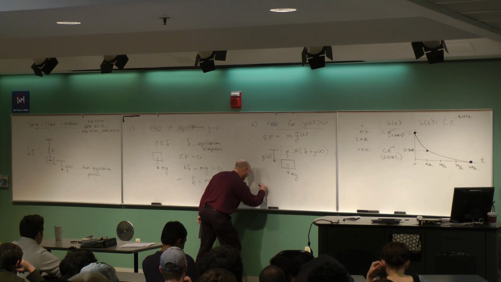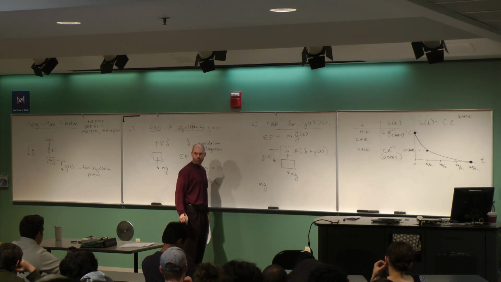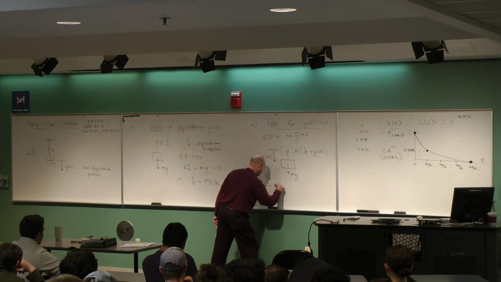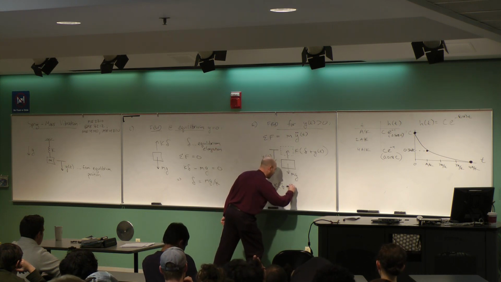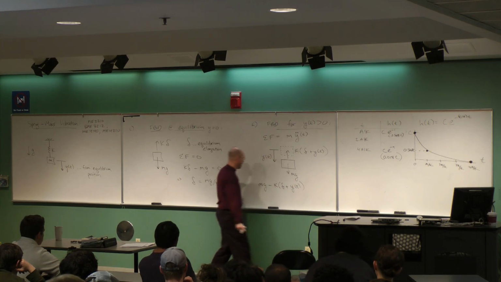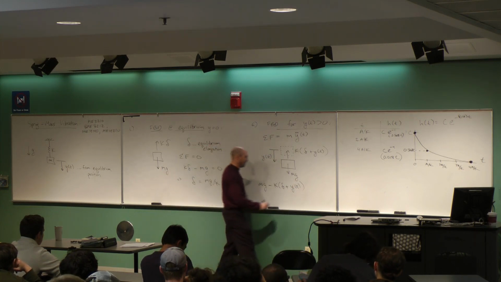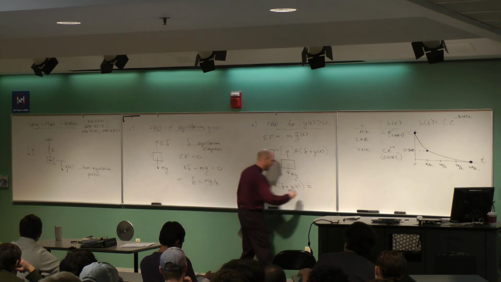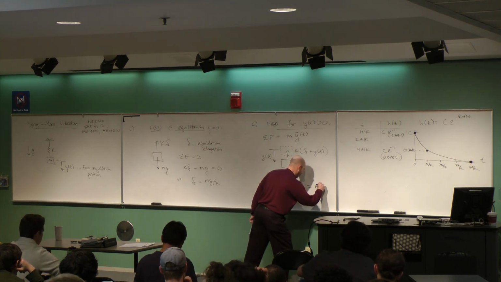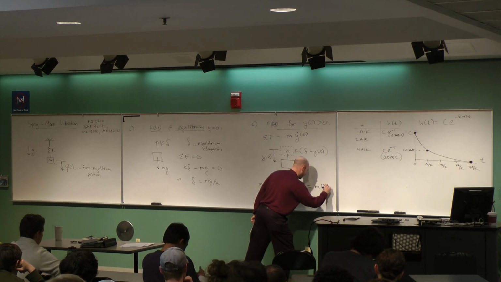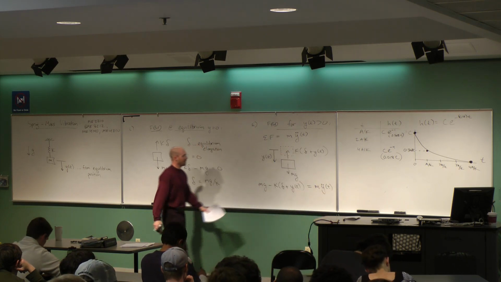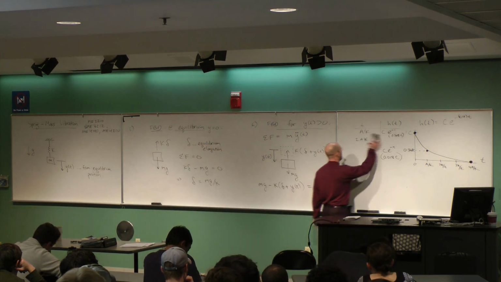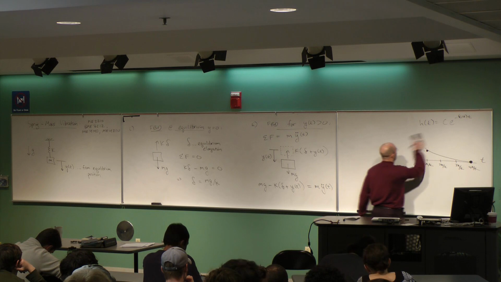So we'll write mg is a positive force down, minus the force up, which is k times delta plus y of t. That's the forces added up, and that should be equal to m y double dot of t. Wouldn't that be the sum of the forces equals ma? So what does that tell me?